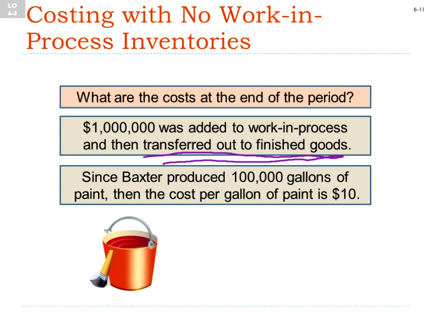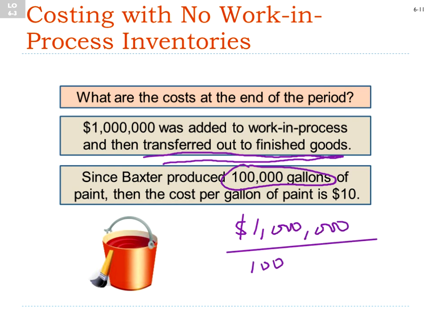We also know that 100,000 gallons were produced. So when we take $1 million divided by 100,000 gallons, then you get $10 per gallon as the cost.